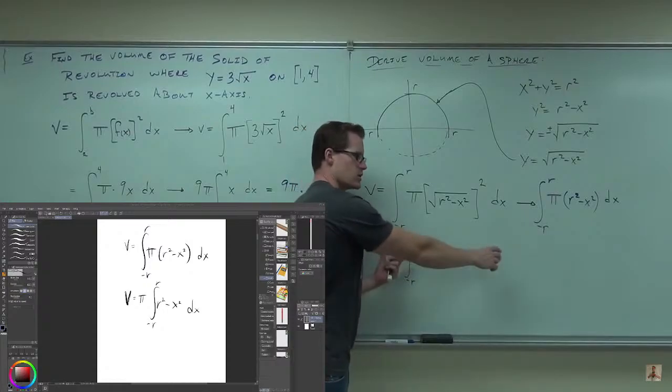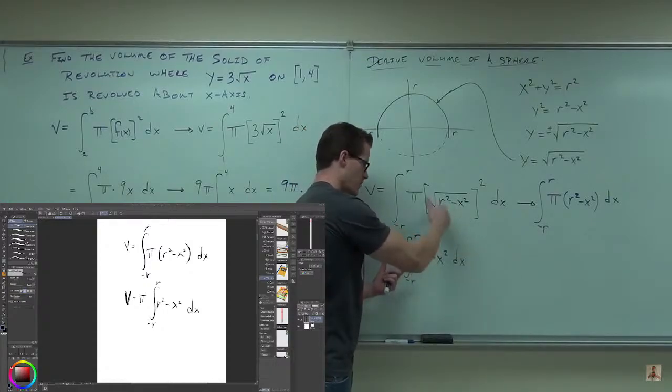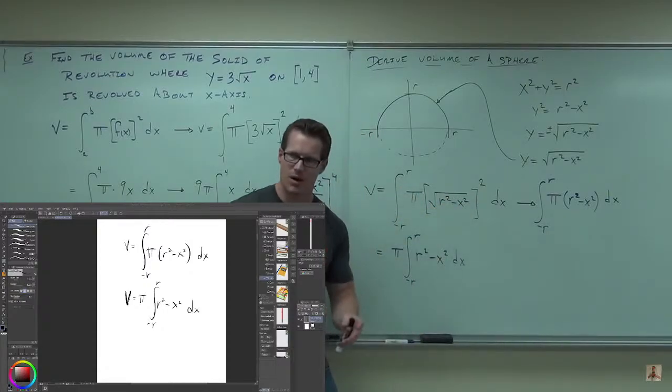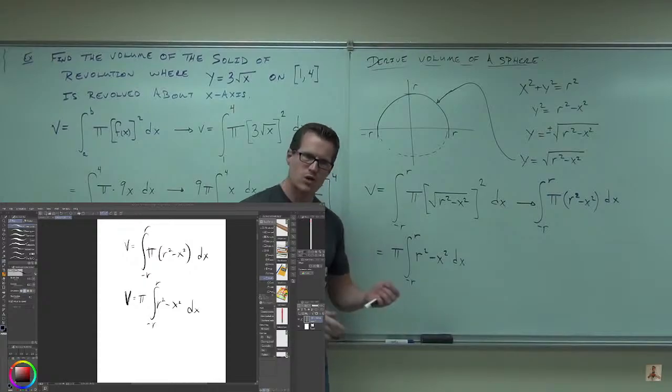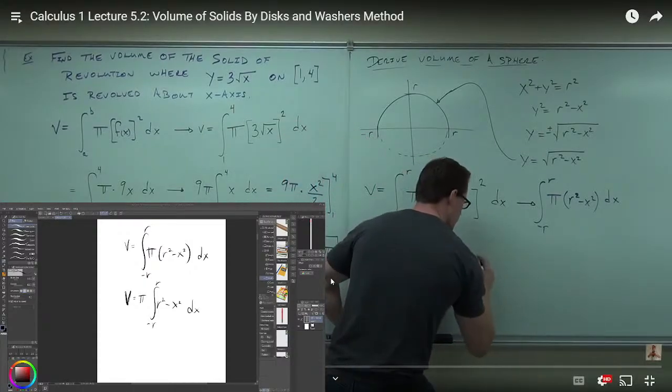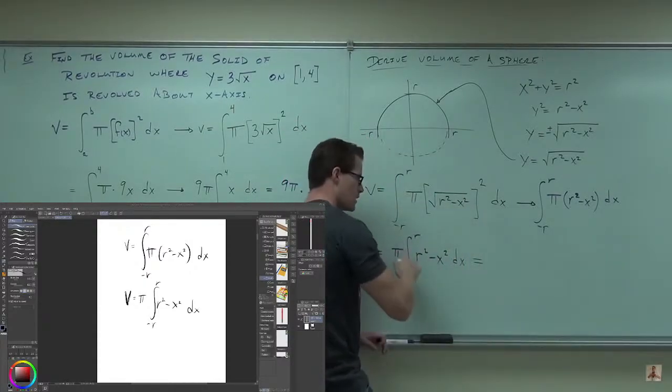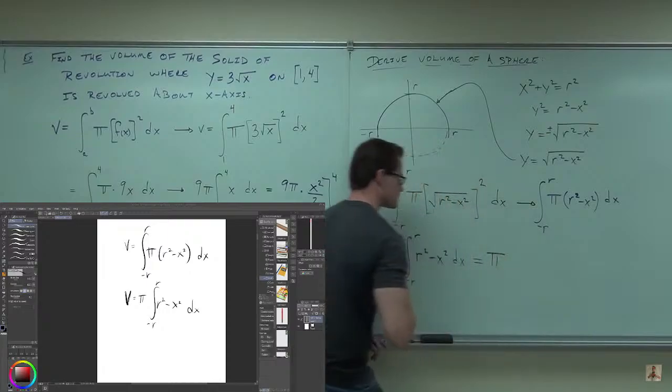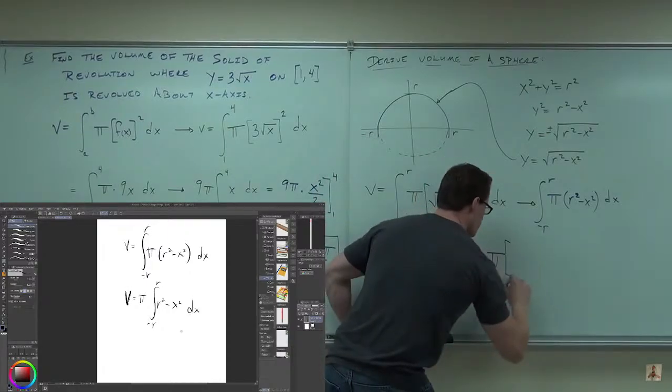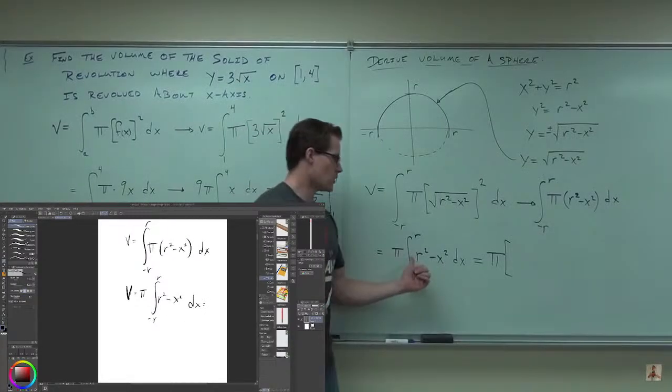So that's why I said you have options here. You either separate this into two integrals, which you could do, and put a big old bracket around it because you're multiplying by pi. That's one way you could do it. Or you just consider it this way. And this is the way you guys laid me down, so I'll do it this way. You have the pi. You're multiplying by this integral. What's the integral of r squared? Well, think of it like a constant. If that was a 3, what you'd get over here would be 3x, wouldn't you?